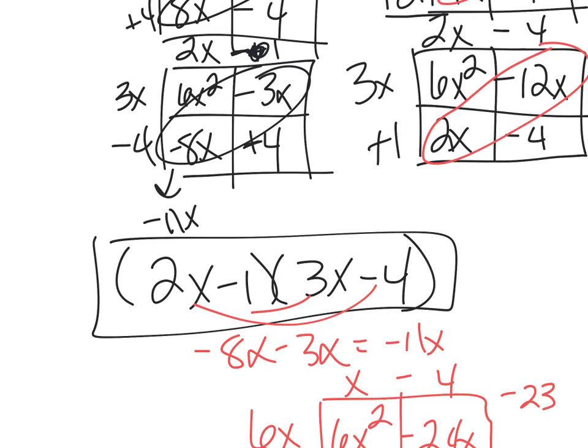That is not our answer. Because, hang on, I forgot the 3 that I factored out to begin with. I thought I forgot on the answer key too. I did not. So be real careful about that. You have to remember to write the 3 down.